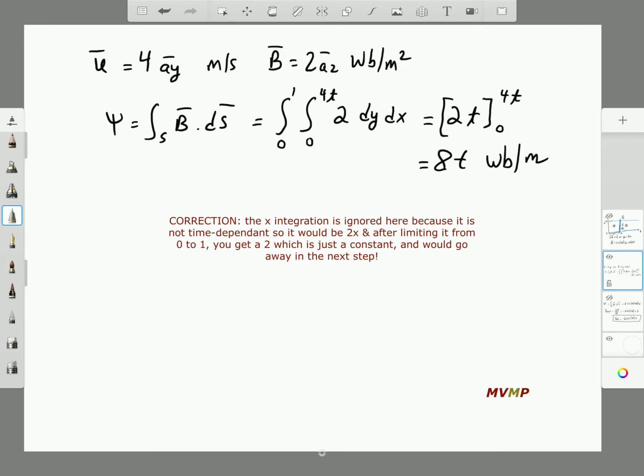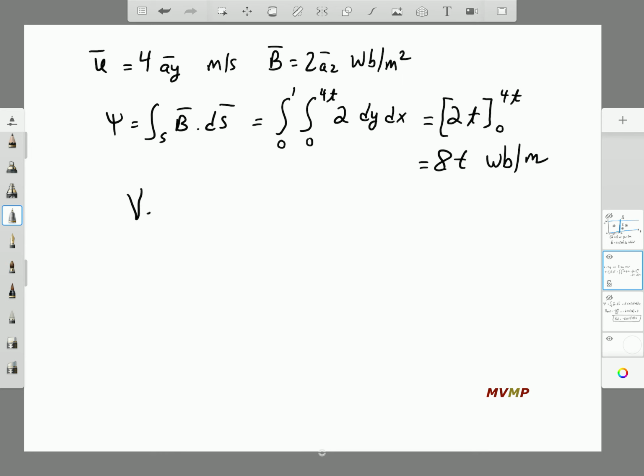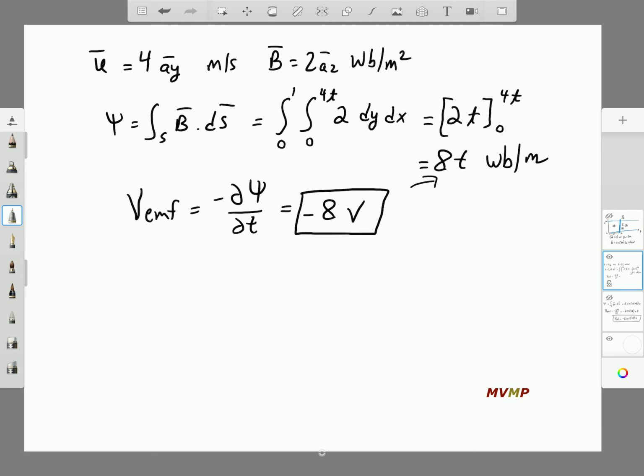And then we take it with respect to x, which would just be x, and you plug in the 1. So it's just 8t. Then we go ahead and do the VEMF of the negative derivative of the flux with respect to time. The negative derivative of what we just got is just going to be 8. So our final answer is just negative 8 volts.